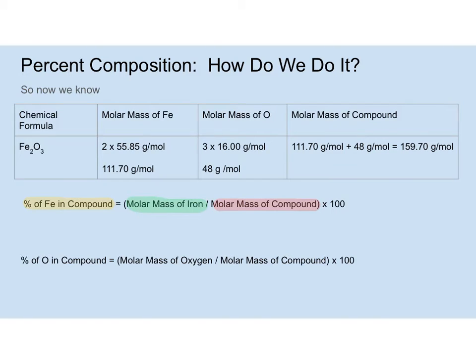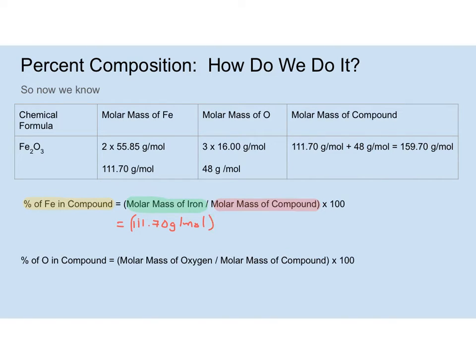So the molar mass of iron in this case is 111.70 grams per mole. I'm just going to put that in brackets.